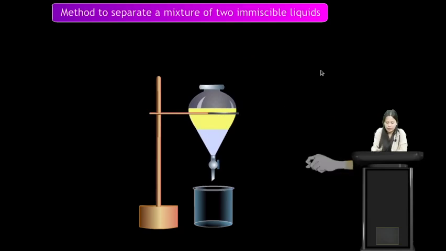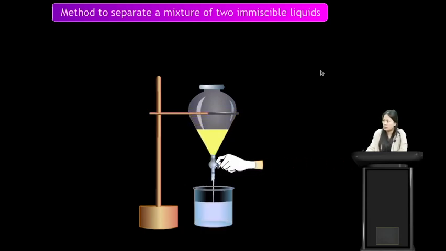Then we have two layers. Now the first layer at the bottom, the water layer, is removed from the bottom like this. Once the layer of water is removed, you stop the flow of the liquid, and we have separated the water and oil into two components.